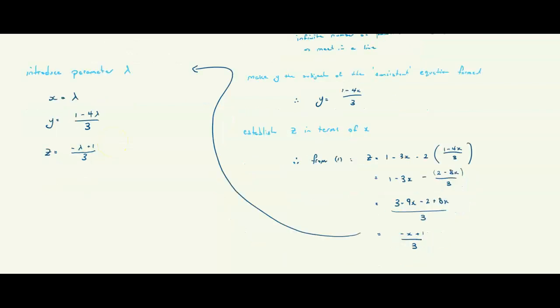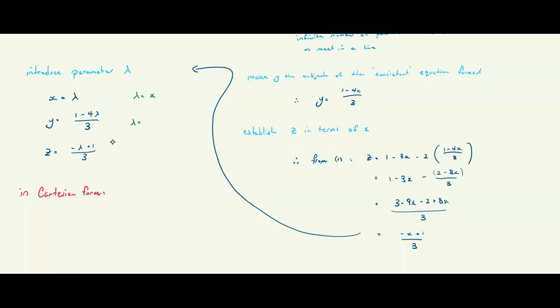So now these are my parametric equations for this line of intersection. I might want to write this in Cartesian form. In order to do that, I'd like to see what lambda equals. I can see quite clearly that lambda equals x here.